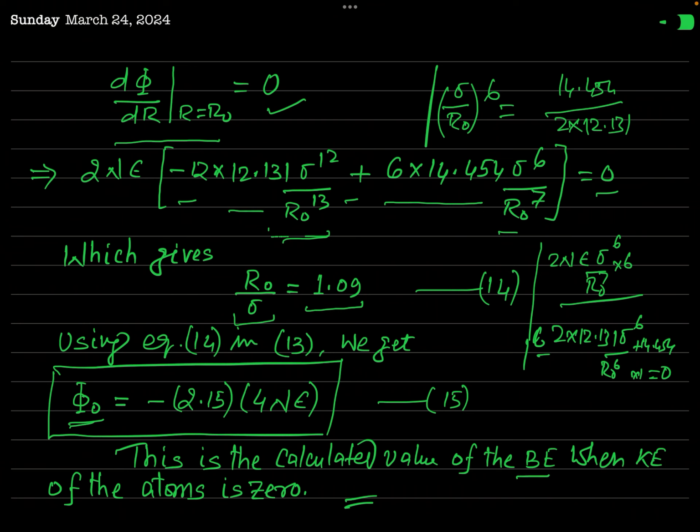This is the calculated value of the binding energy when the kinetic energy of atoms has been taken as 0. We have never considered the kinetic energy of the atoms of the molecular crystal. We have only assumed the potential energy, so we have neglected the motion. Under this assumption, this is the binding energy of a molecular crystal.